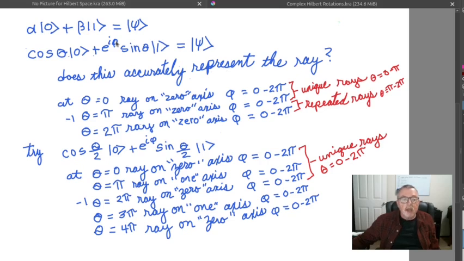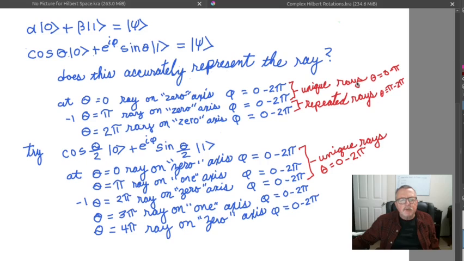Remember this, ray. Okay, let's go down here. Let's try to see if this works. Theta between 0 and pi, we get unique rays. Okay, does that make sense?